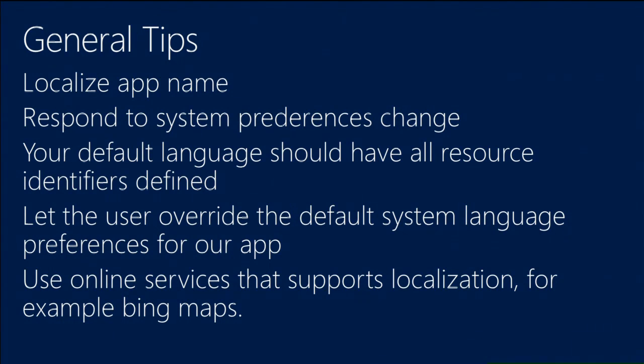Because in the Store, with one of my applications, by just localizing the application name, I got almost double the downloads the second day from specific regions, because it shows you care about their culture, and they expect your application to be localized in their language. It's pretty easy to do that with Windows Store apps.